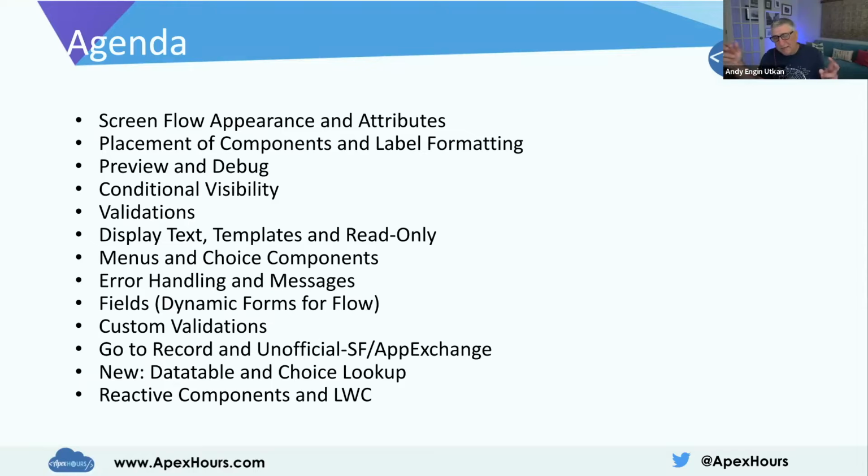I call them custom validations, kind of a workaround to show validation-related messages on the screen, and go to a record or URL functionality that a lot of clients and users ask for. We usually support that with unofficial Salesforce or AppExchange components, leveraging code. And some of the new, or let's say recent components like data table and choice lookup, and reactive components and Lightning Web Components. So that's generally the format.